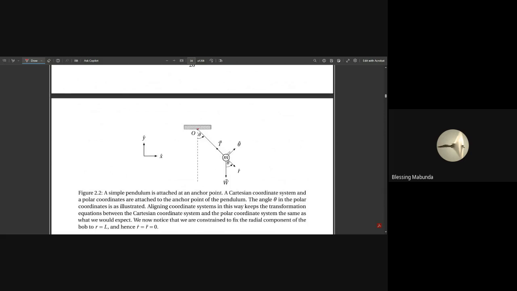So there's a force initially that imparts motion to the system, but from there, that force is removed from the analysis, and we look at the motion of the pendulum under its own momentum.